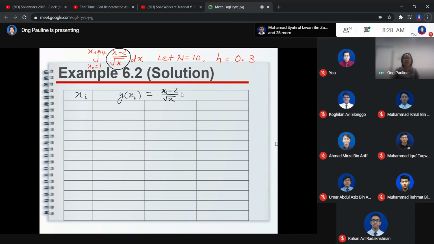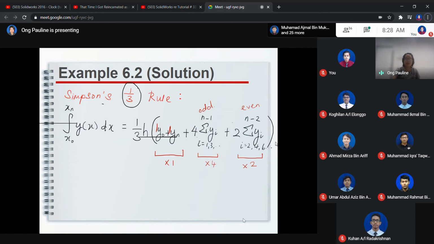If you observe here, for the value of y, I have directly separated it into 3 different columns. If I categorize it based on the constant coefficients, here the multiplier is 1, here it is 4, and here it is 2.